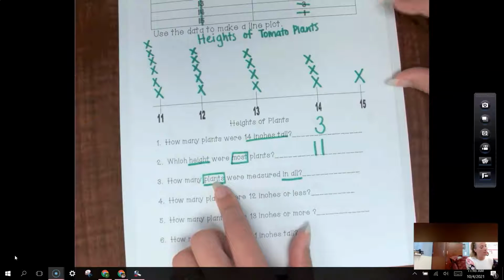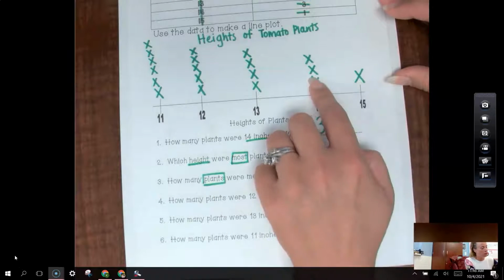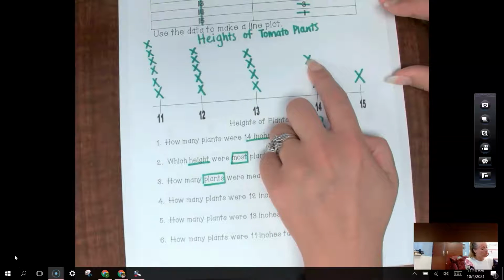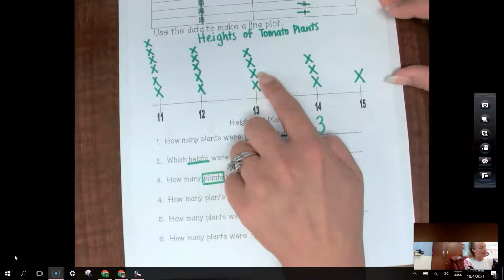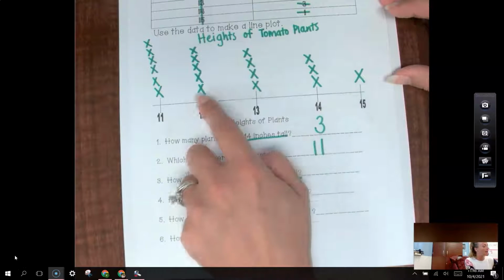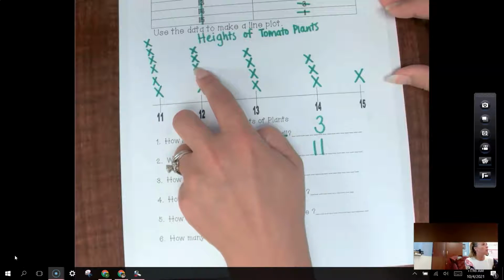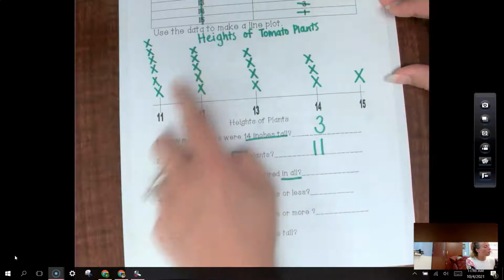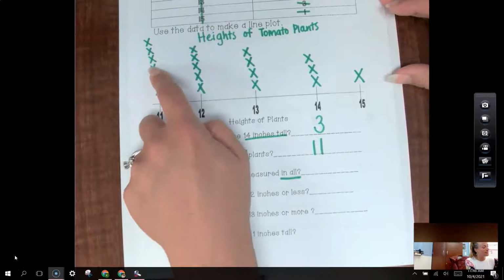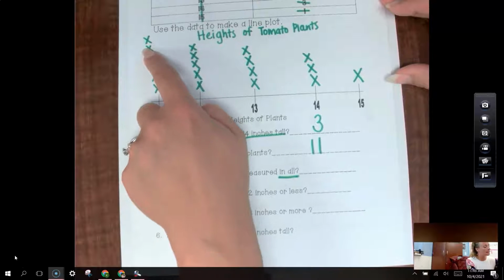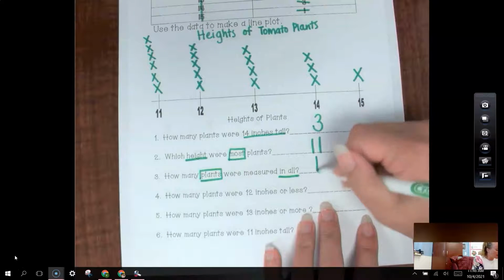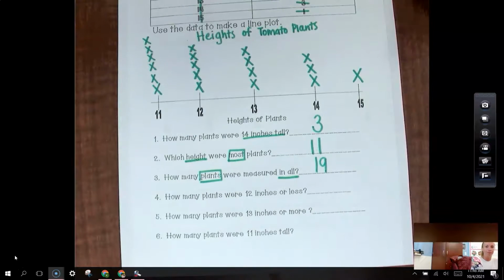So let's count them. 1, 2, 3, 4, 5, 6, 7, 8, 9, 10, 11, 12, 13, 14, 15, 16, 17, 18, 19. There were 19 plants in all.